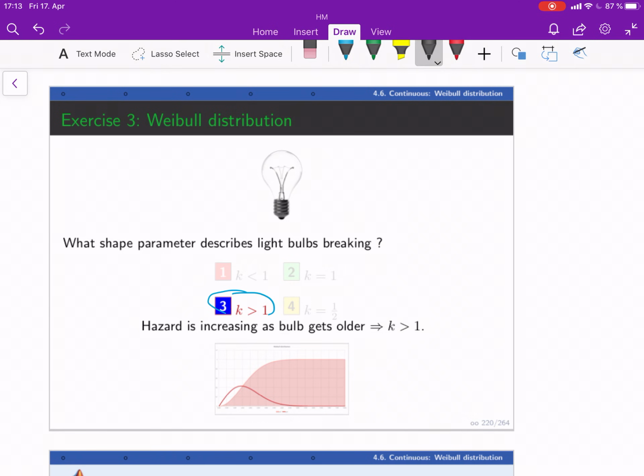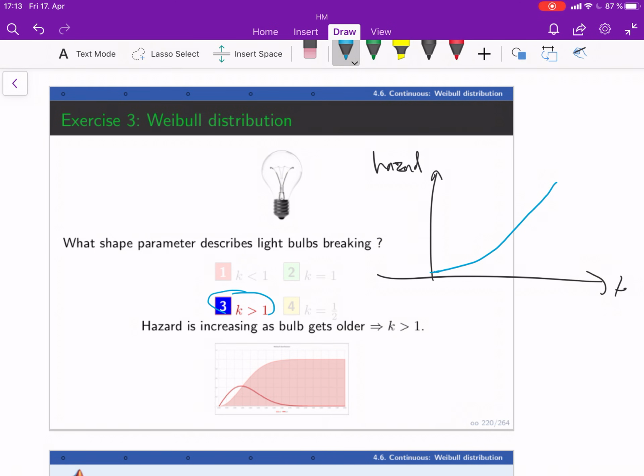If you buy it, and here's the hazard, when you buy it you would assume the hazard is fairly small that the new light bulb breaks. But if you have a light bulb that's already 10 years old, I guess the hazard would increase.